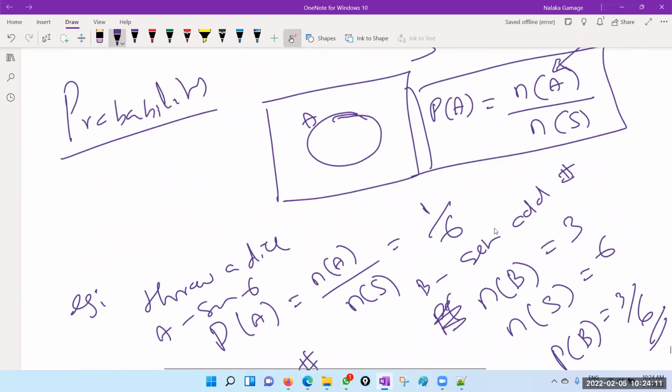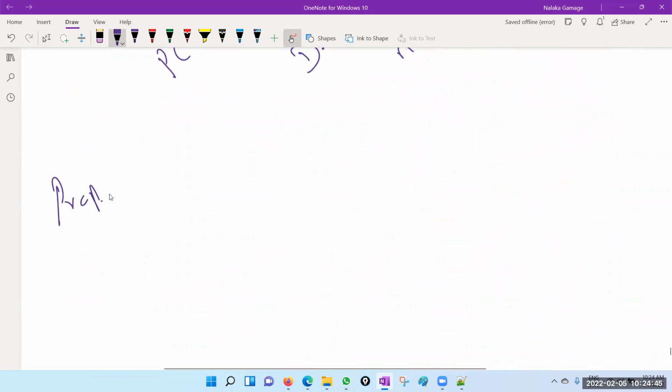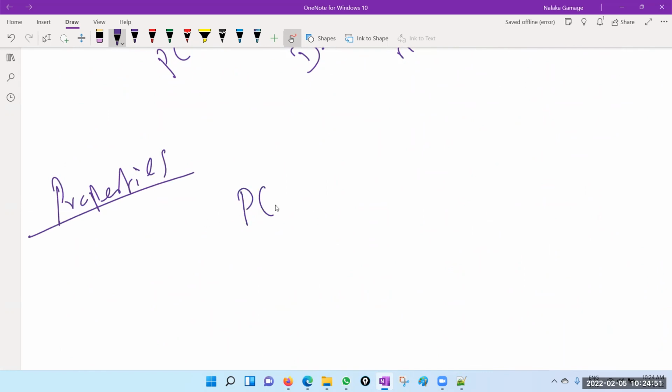Okay, so then there are some properties of probability. The first property is that probability is always between 0 and 1. It can't be anything other than that.